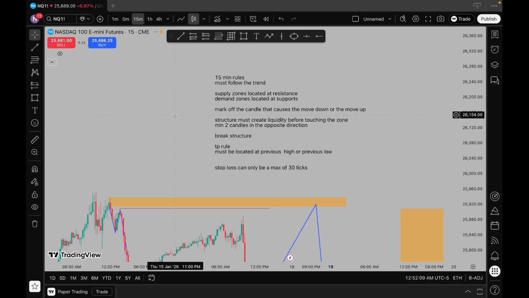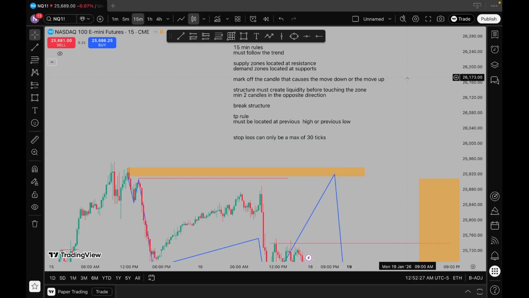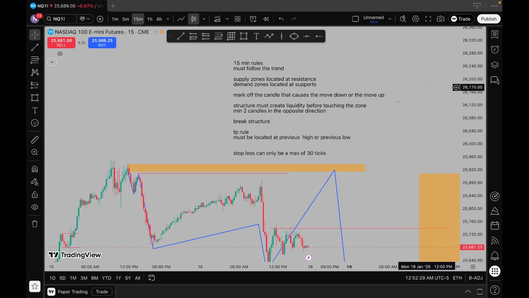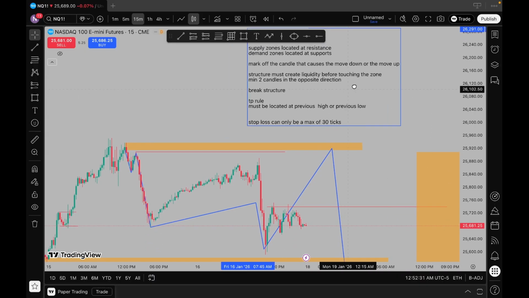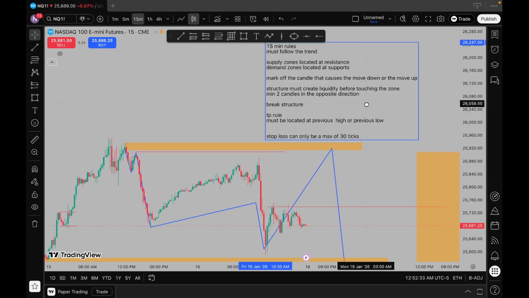You could still follow the trend on the 5-minute if you wanted, but you would see fewer entries. 15-minute also, these types of trades don't pop up every single day. Just remember that. But these make you the most RR because they're so crazy. They don't pop up every single day, but they're very high quality trades.